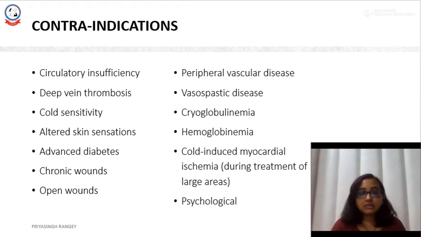If the vessel is impaired, if the smooth muscles are not able to contract and relax on their own, ultimately the circulatory compromise is going to lead to damage to the tissues of that affected area. Hence, any pathology that has any kind of circulatory issue which leads to circulatory insufficiency is a contraindication for cryotherapy.